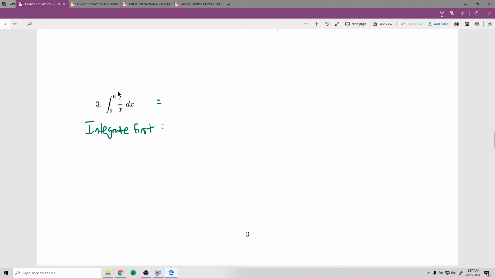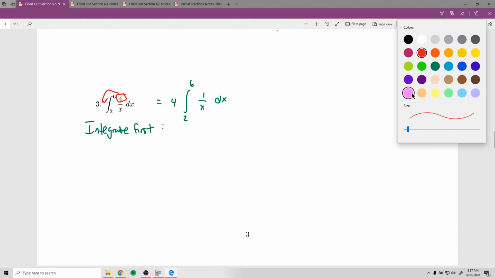Now for this one, if you're not as comfortable doing it right away, you can factor the 4 out. You can still do all those rules when the integral has numbers on it or not. So we can factor the 4 out. Still have the 1 on top, so it's 1 over x.